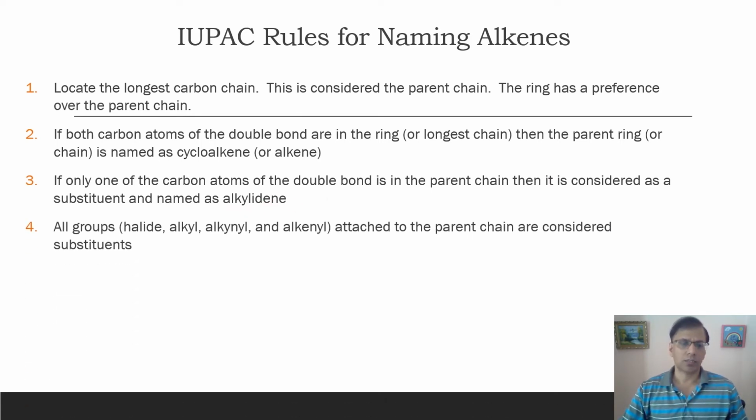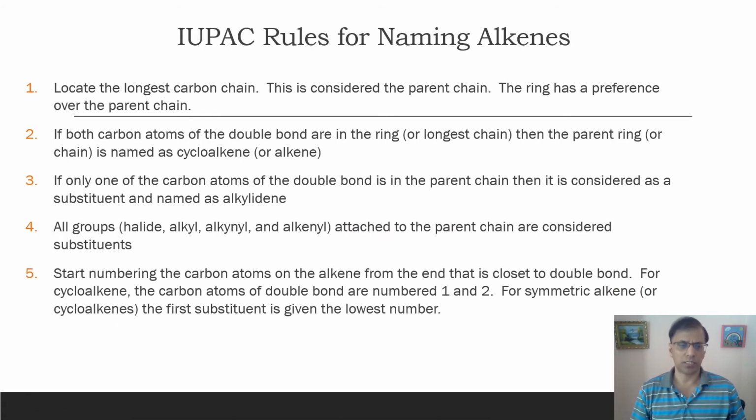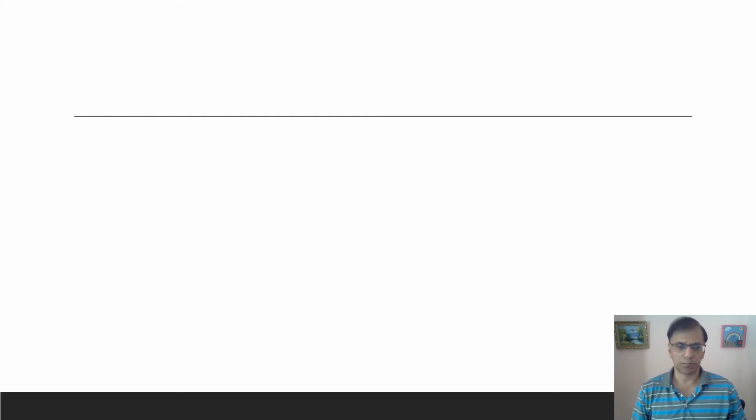All groups like halide, alkyl, and alkenyl attached to the parent chain are considered substituents. Always start numbering the carbon atoms of the alkene from the end that is closest to the double bond. For cycloalkenes, the double bond carbons will be numbered 1 and 2. If there is a symmetric alkene, then the first substituent is given the lowest number.